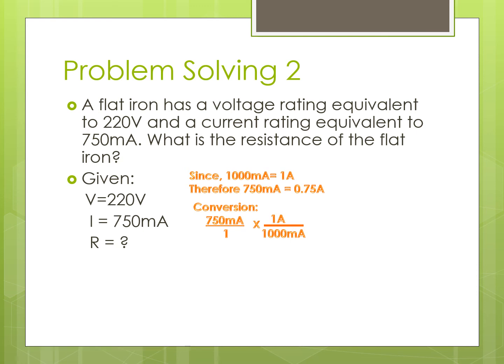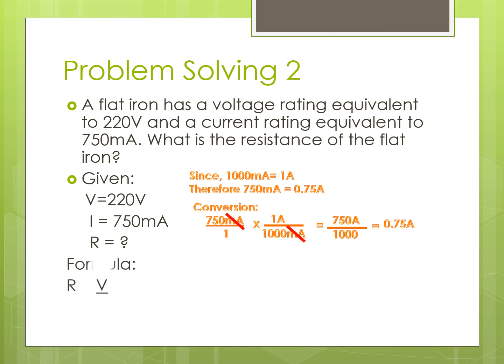This will cancel the unit milliampere, so the unit that will be left will be the ampere. So it becomes 750 amperes over 1000, and it will give us 0.75 ampere.